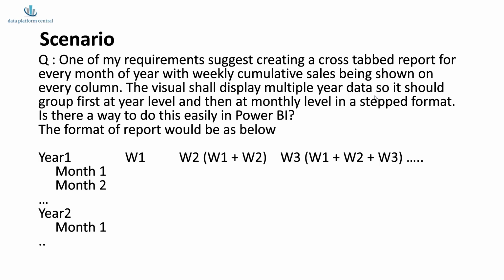So it can range from week 1 to week 5 or week 6 depending on the length of your month. Once we find this week number, then we can use this week number to do a cumulative calculation of our required measure. So let's see a demo on how we can do it using a Power BI Desktop sheet.